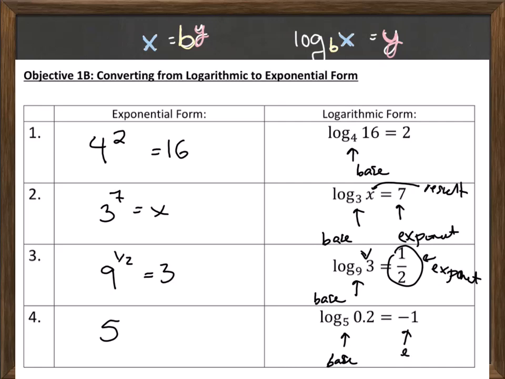Over here, -1 is our exponent. So we have 5 to the -1st power, and the result is 0.2. Let me rewrite this, it looks a little bit weird. 9 to the 1/2 power. So in the last 2 slides, we have converted from exponential to log form, and we've gone from log to exponential form.